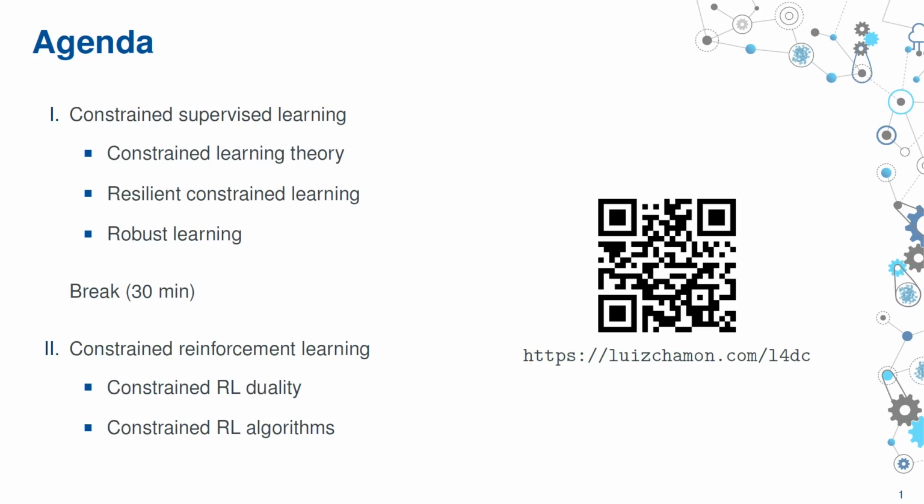We're going to start with constrained learning theory, where Alejandro is going to talk to us a little bit about that, then resilient constrained learning, and then robust learning. Then we're going to take a break, go for a coffee, and come back with the parallel theory in reinforcement learning. There are a lot of similarities, but there are enough differences that it's worth taking in a different scale, and this is going to be covered by Santiago and Miguel.